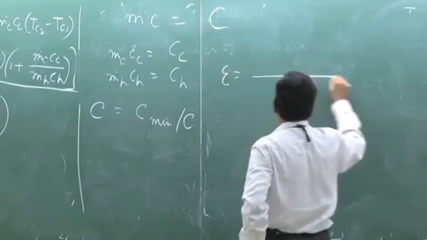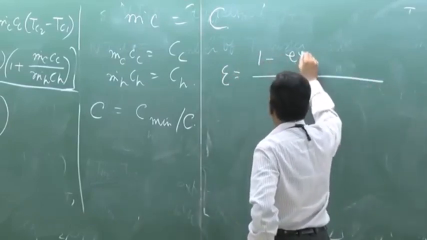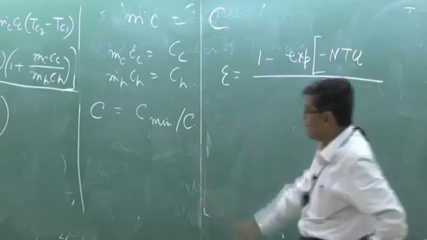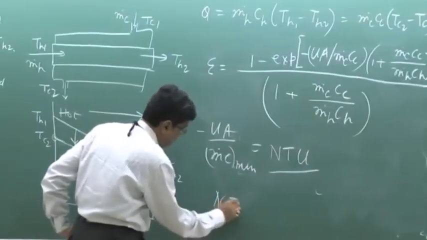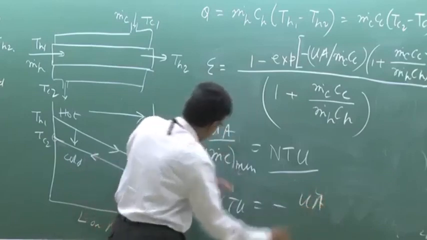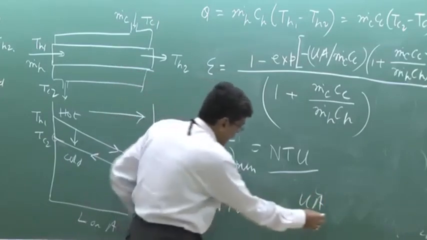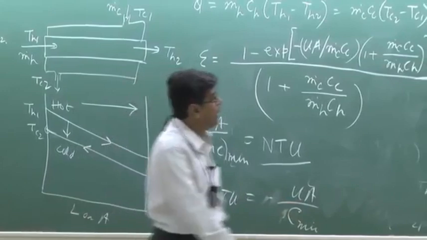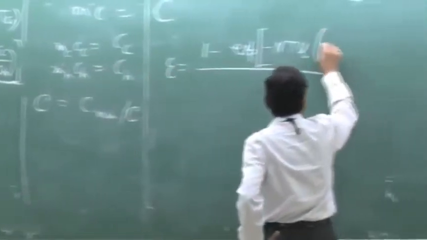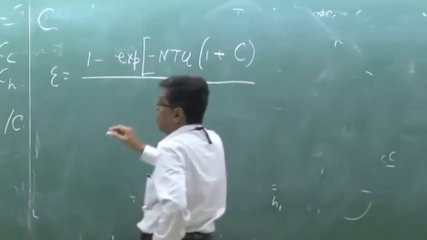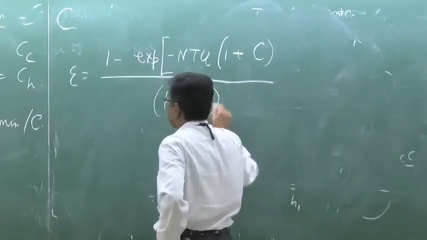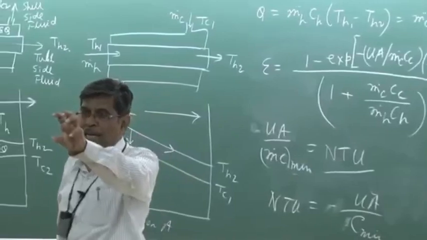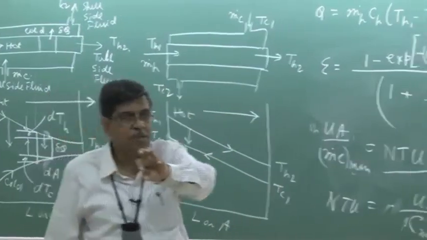The expression remains the same: 1 minus exponential of minus NTU, where NTU is a scalar quantity, dimensionless, UA by m dot c minimum, that means C minimum with this nomenclature, where the argument is NTU into 1 plus capital C. Therefore here it is 1 plus capital C. This is the expression, where capital C is the ratio of the total capacity, m dot times specific heat.